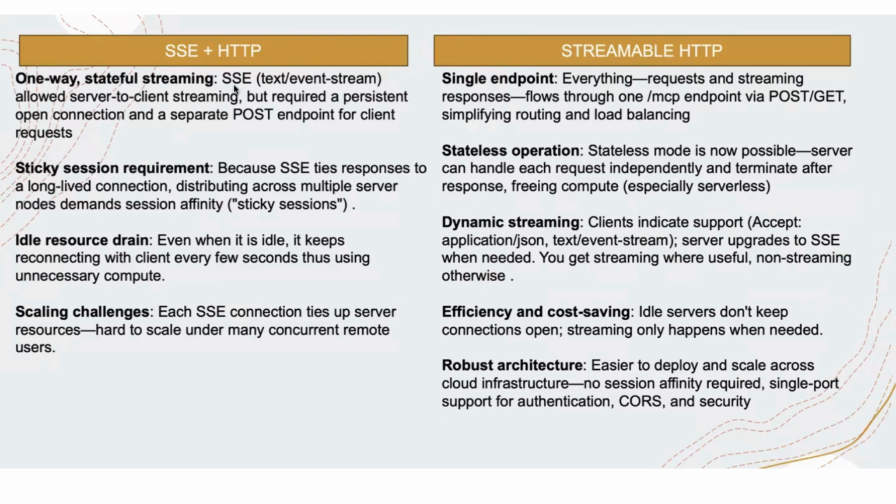And with this transport approach you need to have two endpoints. One is the /SSE endpoint, through which the initial connection is established between the client and the server, and it is a long-running, persistent open connection, right?